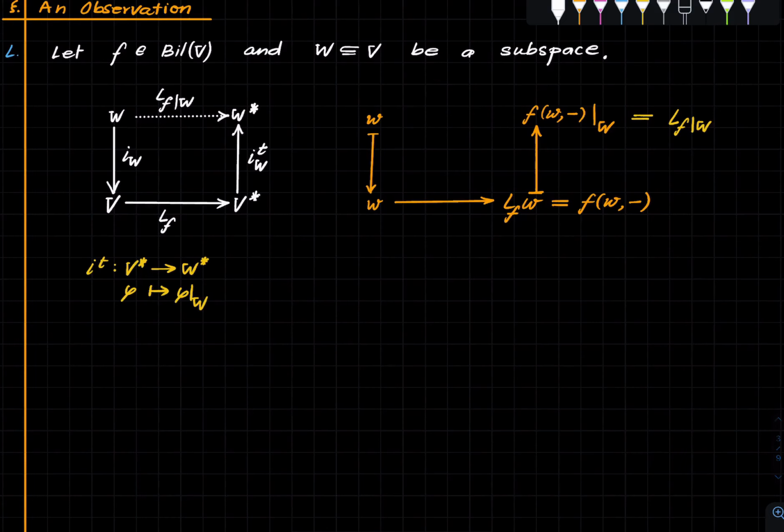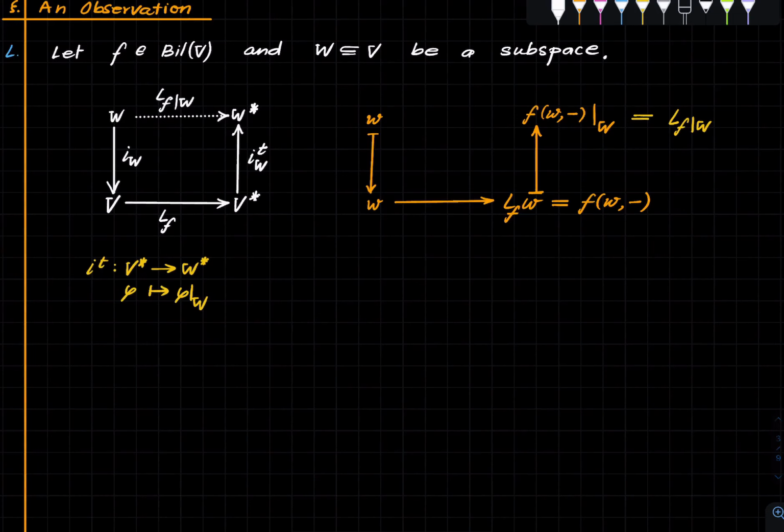This is a very, very simple exercise. And similarly, you have a diagram for R_f. It's the same diagram. Let's not repeat it. Okay, so once we have this observation, let's move on.